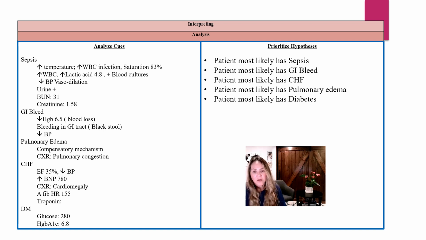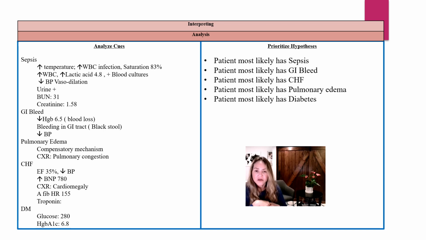In this slide, we're going to be talking about analyzing cues and prioritizing hypotheses. When we get all this information, like we reviewed before about the cues, we encounter this amazing amount of abnormals. It's a lot of data that we got from the evaluation of the patient, the assessment, the labs, the diagnostics.